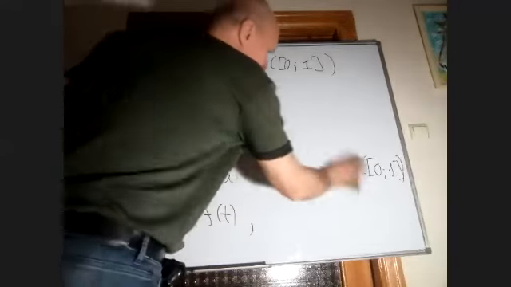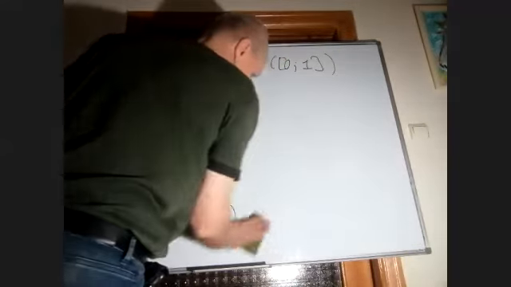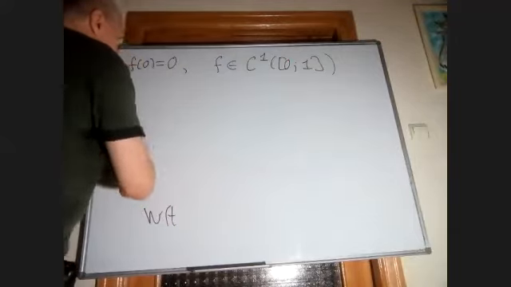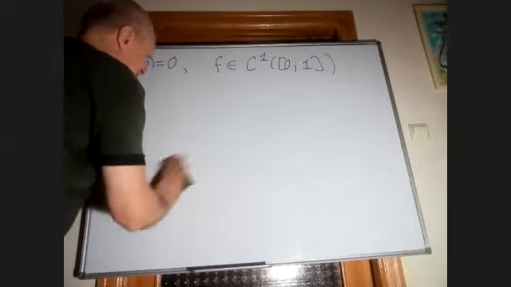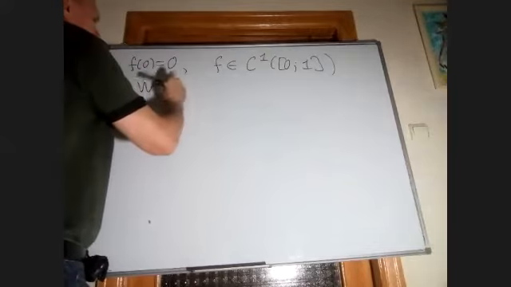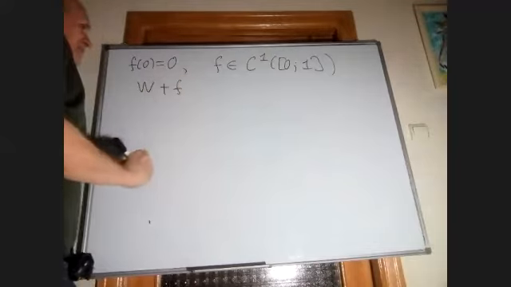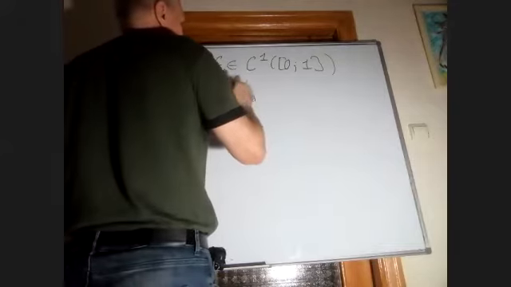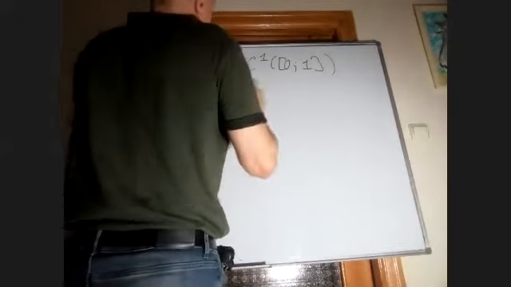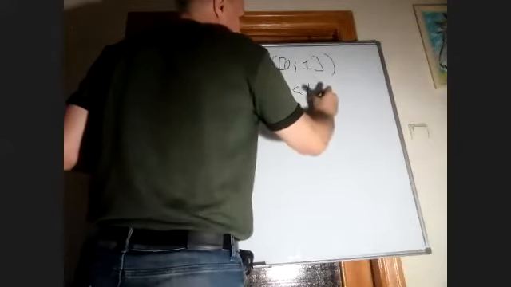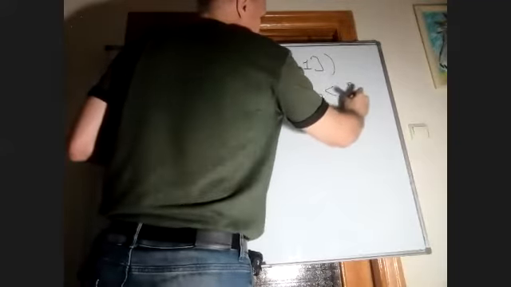And now I will check the so-called finite dimensional distribution of the new process. So I consider W plus F, and I will take t1, which is greater than 0, less than tn, less than 1.